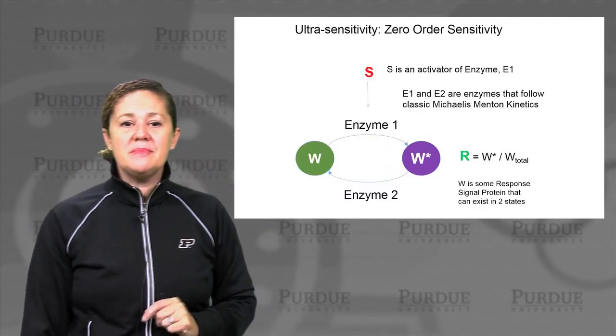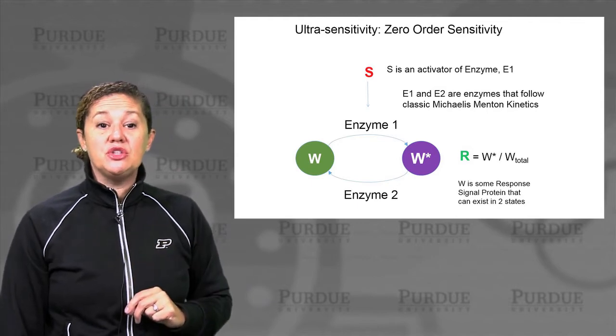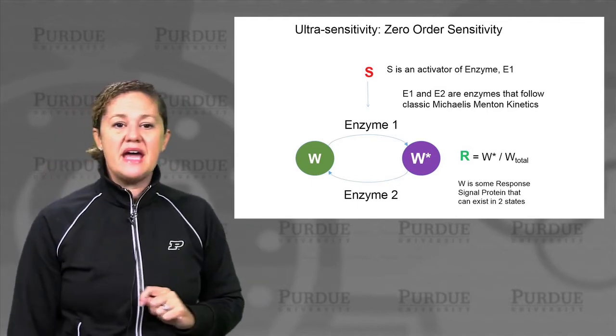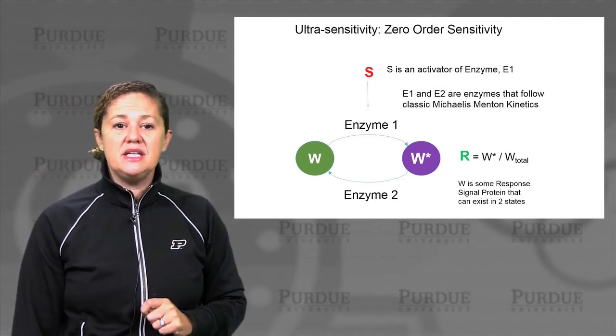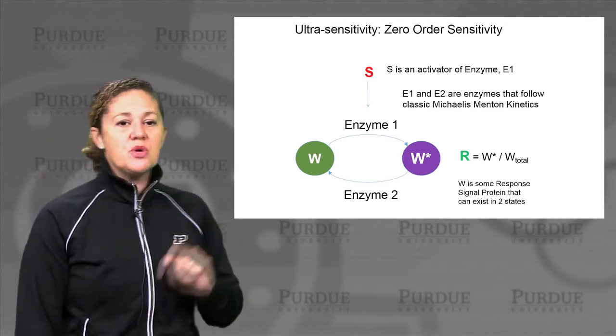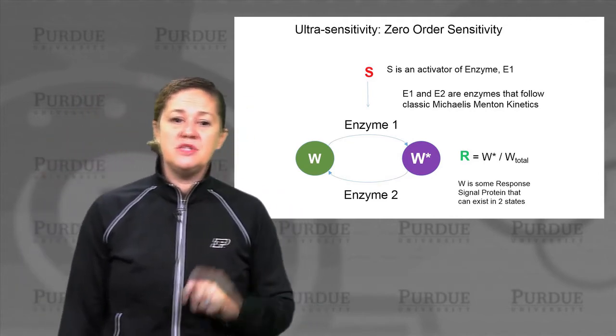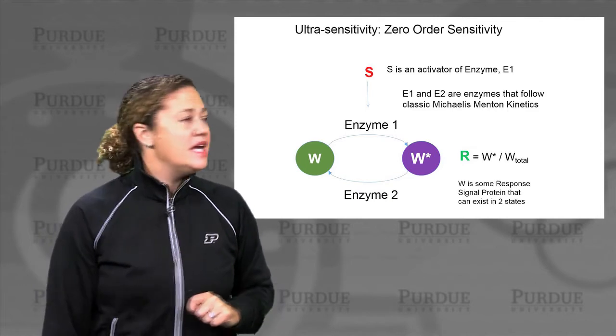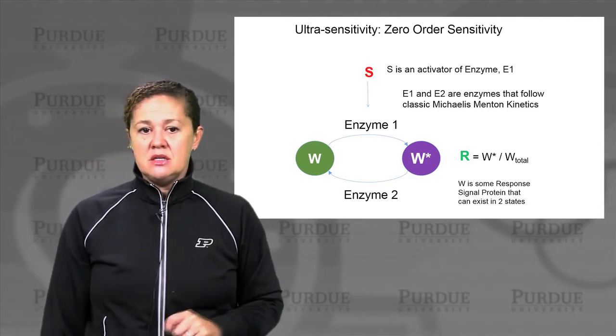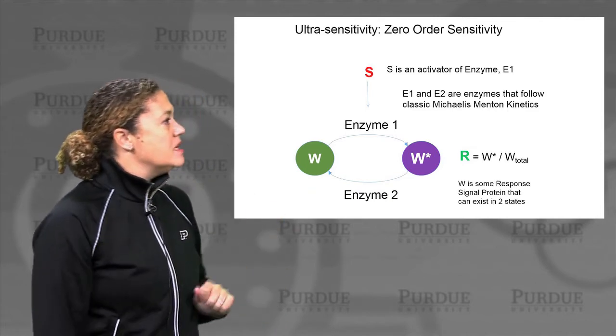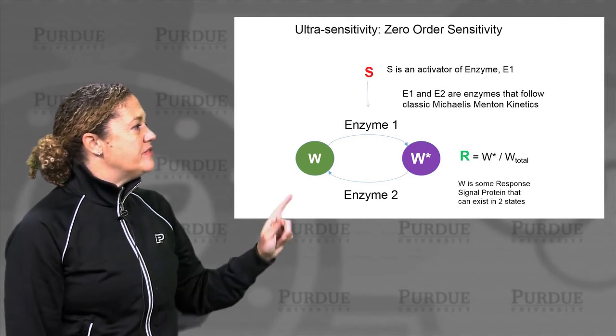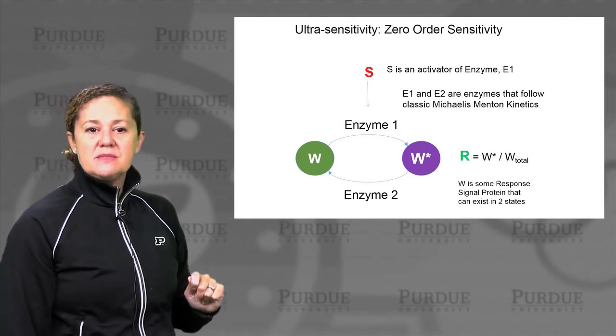Okay, let's talk about yet another way to achieve ultrasensitivity. And this is one that is very common in cellular systems. So we're going to take a step away from genetic circuits right now and think about protein circuits. In this case, we've got some response molecule.